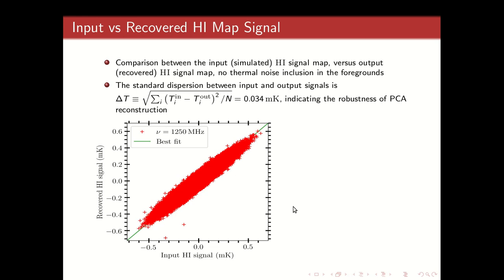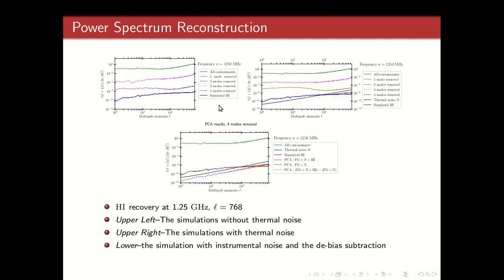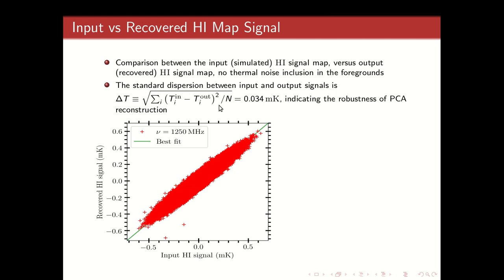We also checked how the input and output neutral signal maps compare to each other, and find that the standard deviation between input and output signal gives a value of 0.034 millikelvin, indicating that PCA is robust and can systematically reconstruct the neutral hydrogen signal.